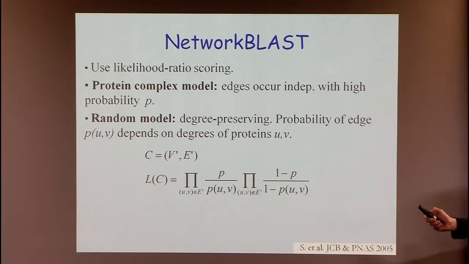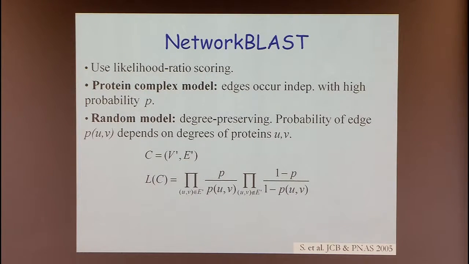So what is this likelihood ratio? Let's look at the numerator first. The numerator is simply the probability of the set of proteins that we are observing based on the protein complex model. The protein complex model says that each edge should occur with probability p. So we take a product over all edges of p times the product over all non-edges of 1 minus p. This is the numerator.